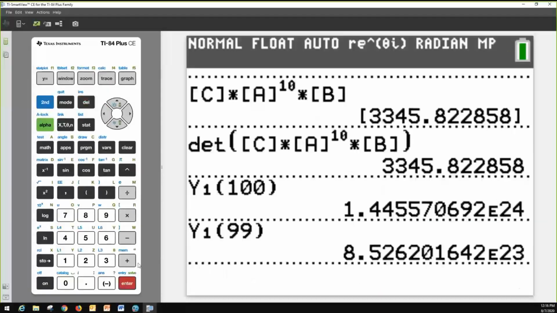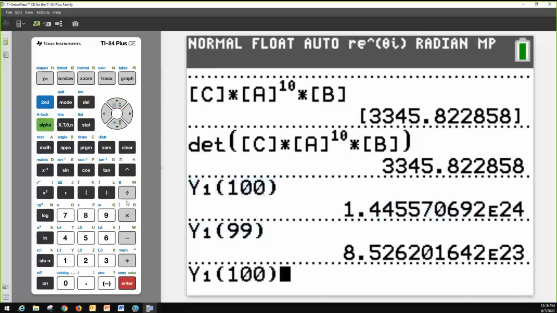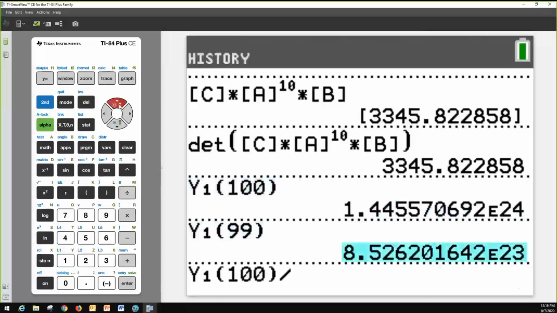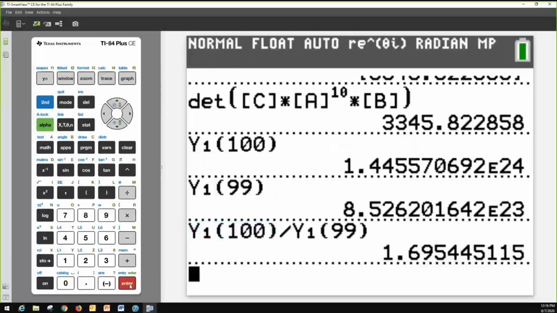So if I get those two values, I get an approximate rate, or ratio if you like, for the increase of the rat population. So in successive generations, it's increasing at a rate of 1.695 times the previous population. This is called the eigenvalue.